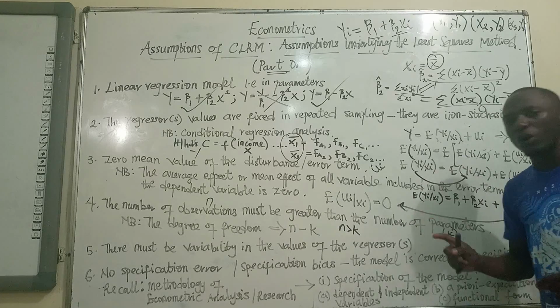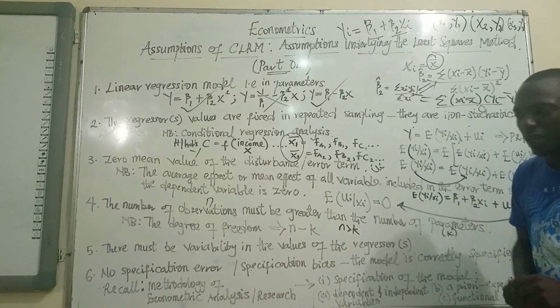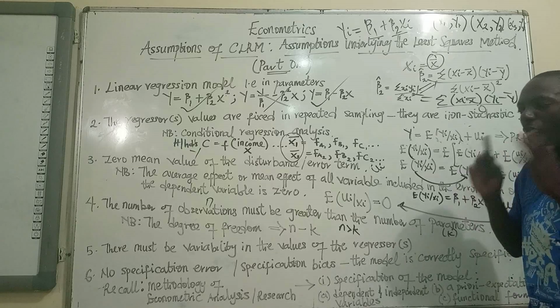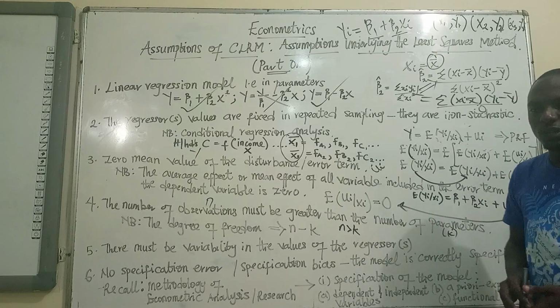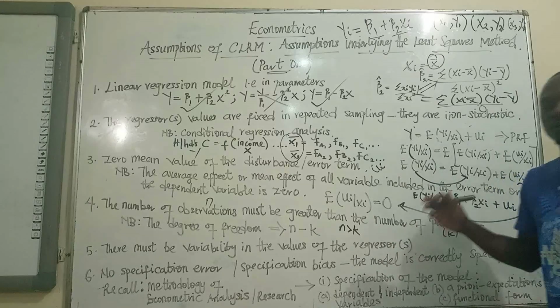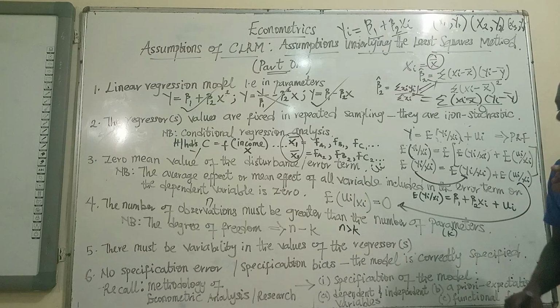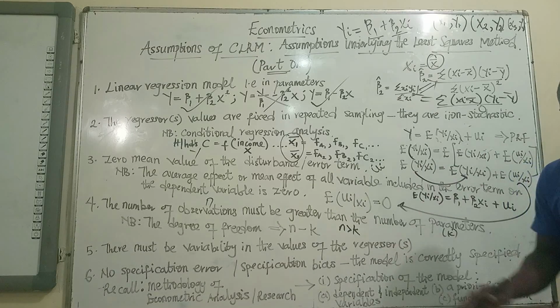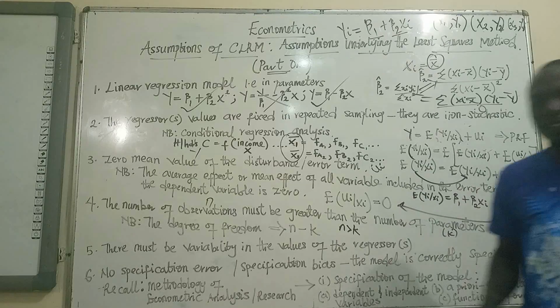Now, I want you to recall something from the very first or second video that we had about the introduction into econometrics analysis or econometric research. We said something about the methodology of econometric research, and the first point we made is that econometric research all starts from specification of the model.